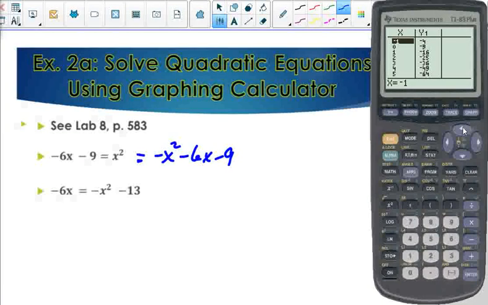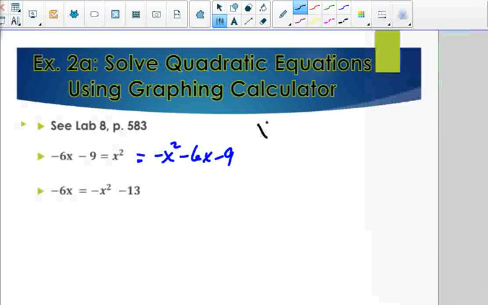So if I just click on the button that goes up, I want to see where y is 0. So when y is 0, x is a negative 3. So that means for this one, you would have one solution, and your solution is x equals a negative 3.